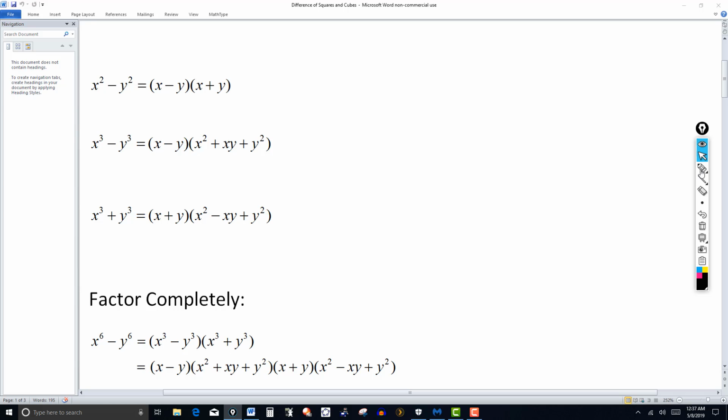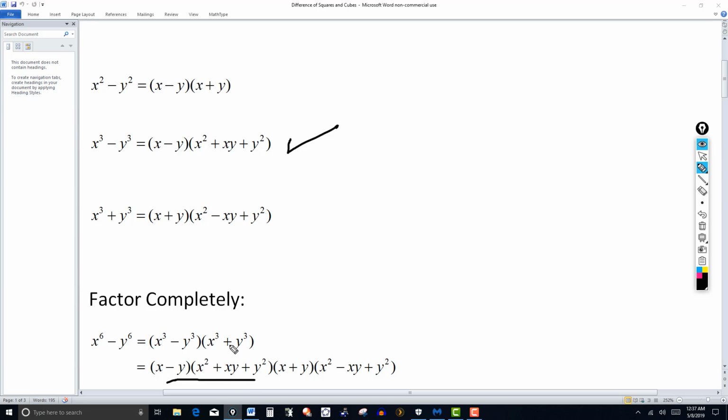But then again, it said factor completely, so then he noticed that, okay, well, here I have a difference of cubes, and here I have a sum of cubes. So basically then he used this formula right here, and he got this part of the problem. Okay, x cubed minus y cubed is first factor x minus y, and of course the second factor based on the formula is x squared plus xy plus y squared.